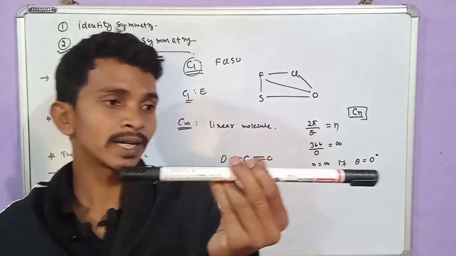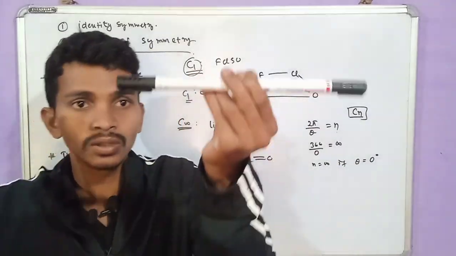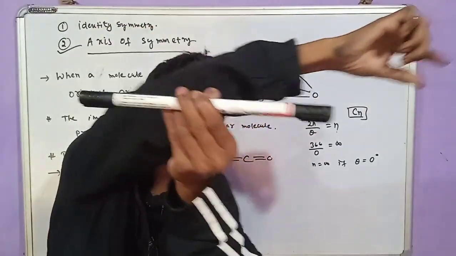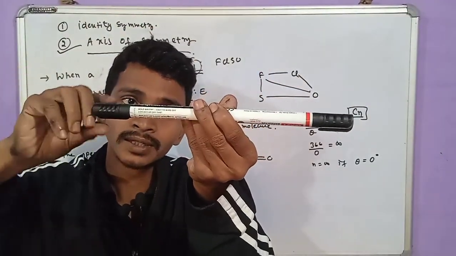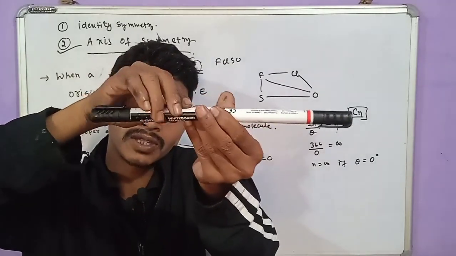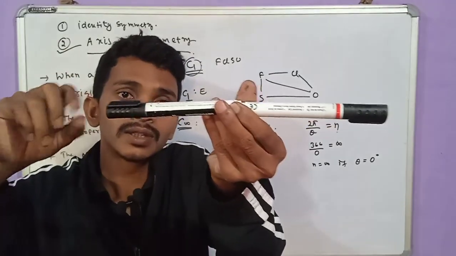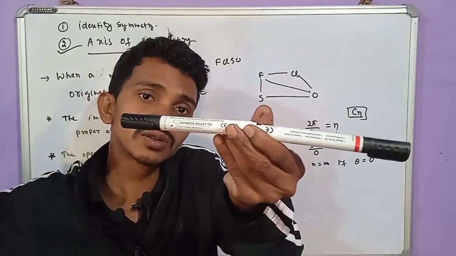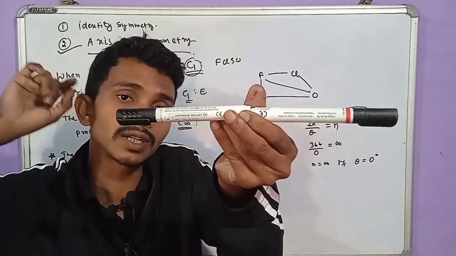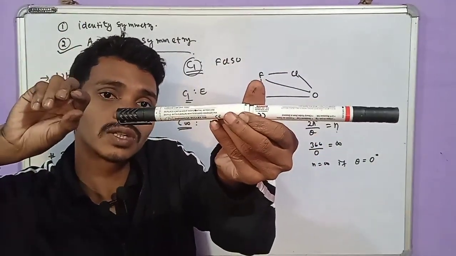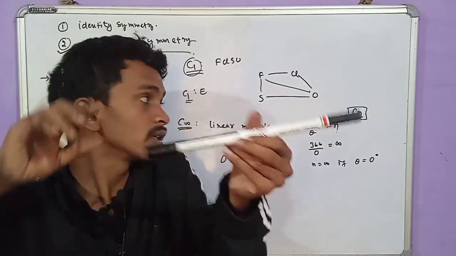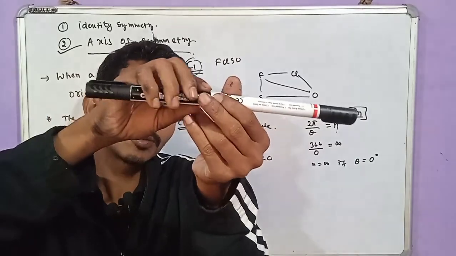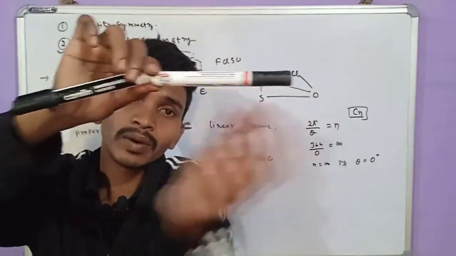If we pass the axis of symmetry through this, like passing one thread through the molecule and rotating it, we will see that nothing is happening, meaning the rotation is nearly 0 degrees. So this type of molecule, where the atoms lie in a line only, if you rotate it, the rotation is nearly 0 degrees. So here the minimum angle needed for rotation is 0 degrees. Okay, so this is the type of linear molecule where the atoms lie in only one line.